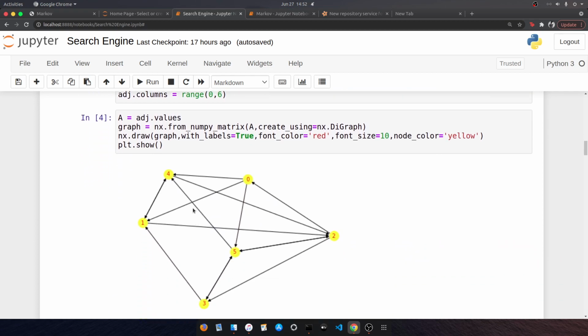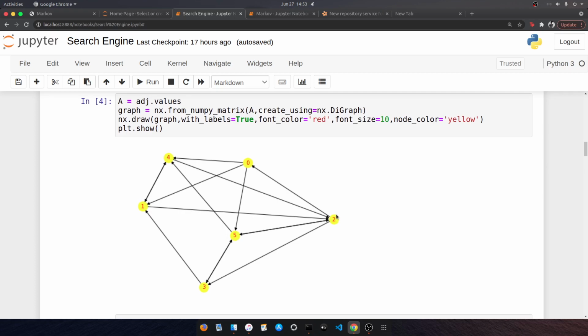When we look at this graph, it essentially tells us that if there is an arrow pointing to a specific node, it means there is a link to that page from a particular page. So for example, if we look at page number 2, since there is an arrow going to 0, there is a link in page 2 that when you click on it, you will go to page 0.